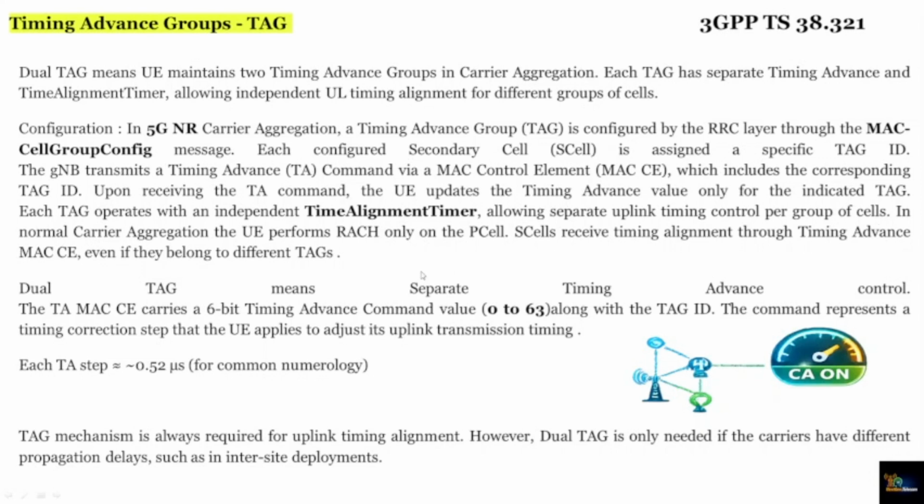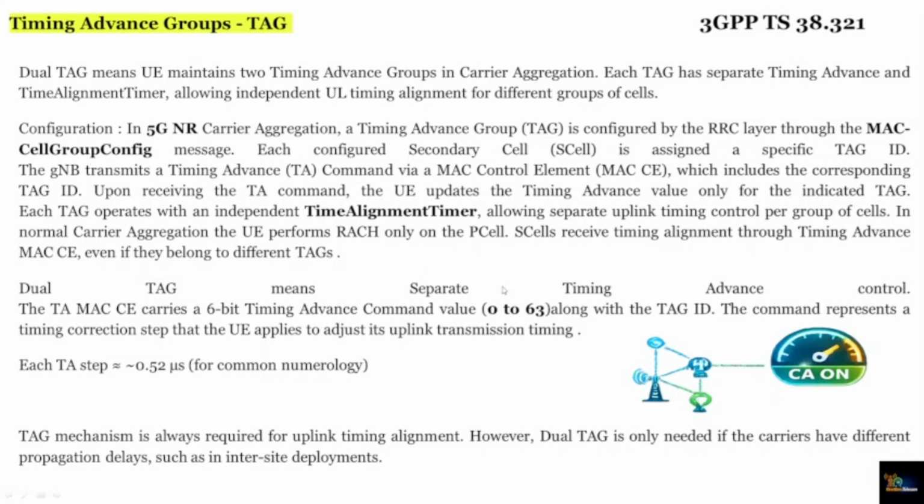In normal carrier aggregation, we perform RACH only on the PCell. SCells receive timing alignment through the timing advance MAC-CE if they belong to a different TAG. This means an SCell can have its own TA value, so it will be aligned. So dual TAG means separate timing advance control.